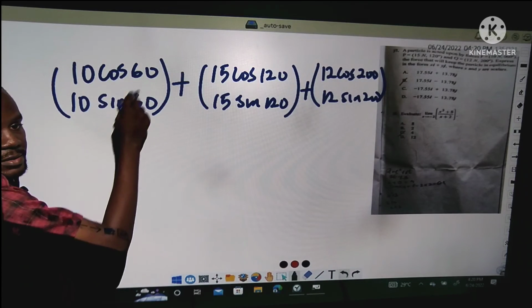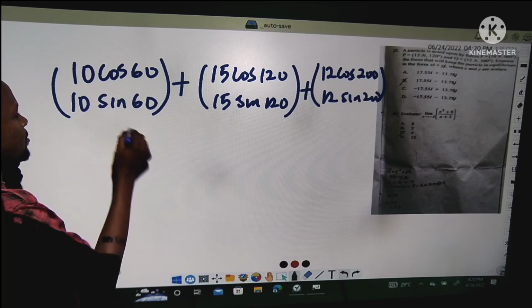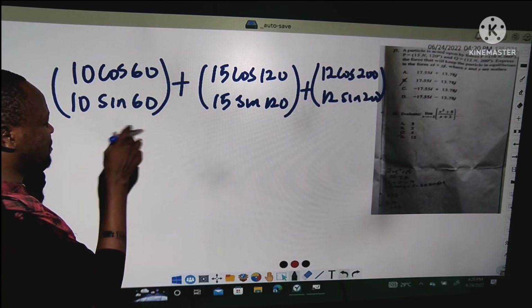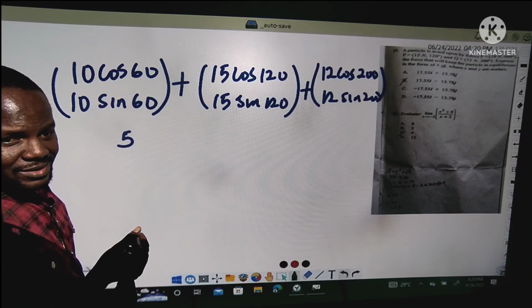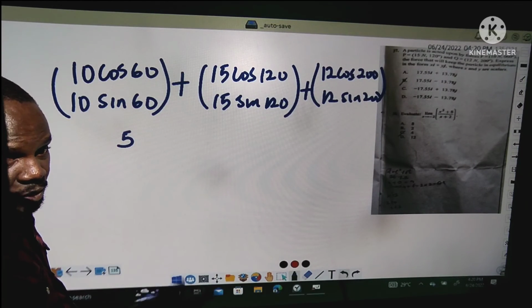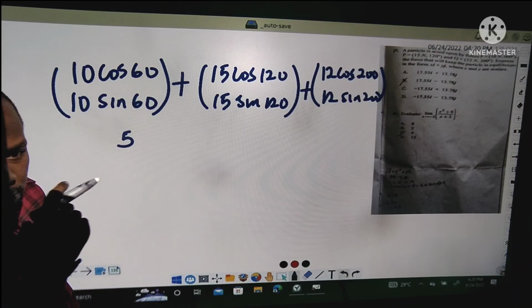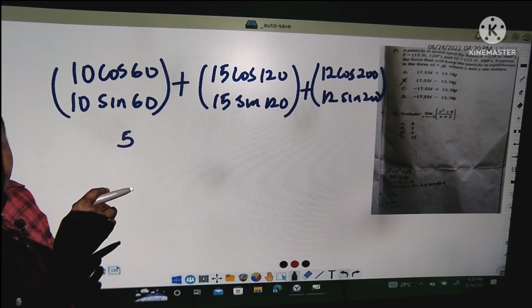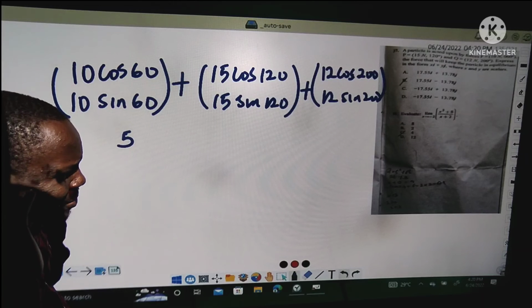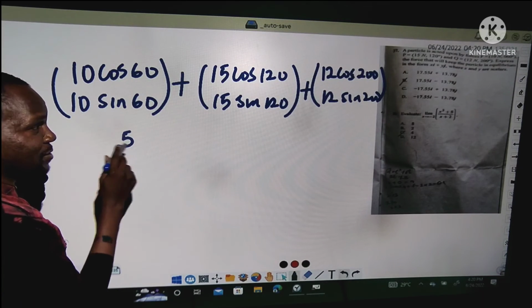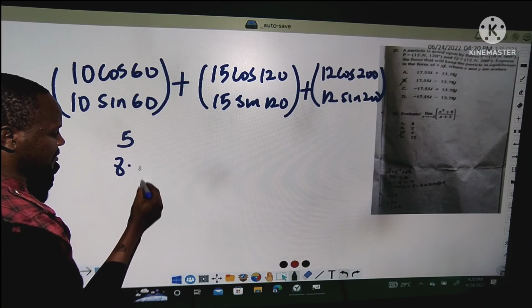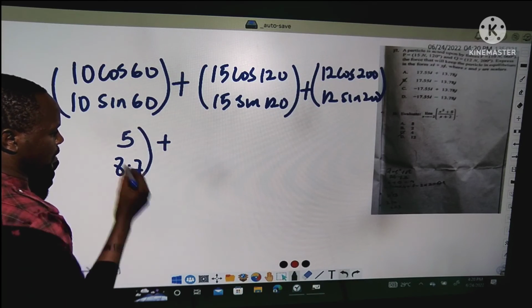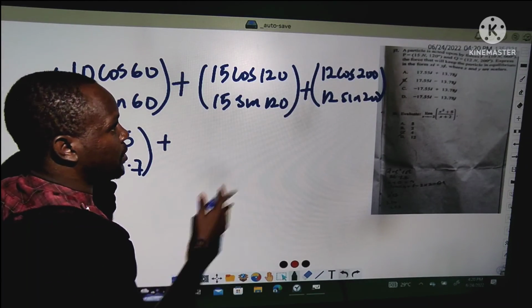So now, I think it's simple. This is 5, am I right? 5 up there. Then this guy is root 3 over 2. 5 root 3, or 5 times 1.7. Just call it, don't worry. Answer is in decimal point, not root short form. 8.7. Then plus, please be fast. Answer is decimal point. Calculator is allowed.